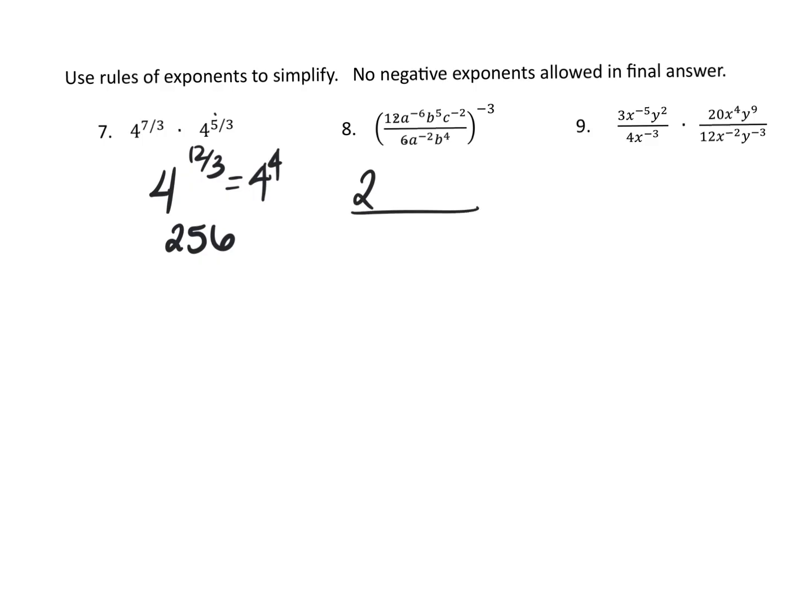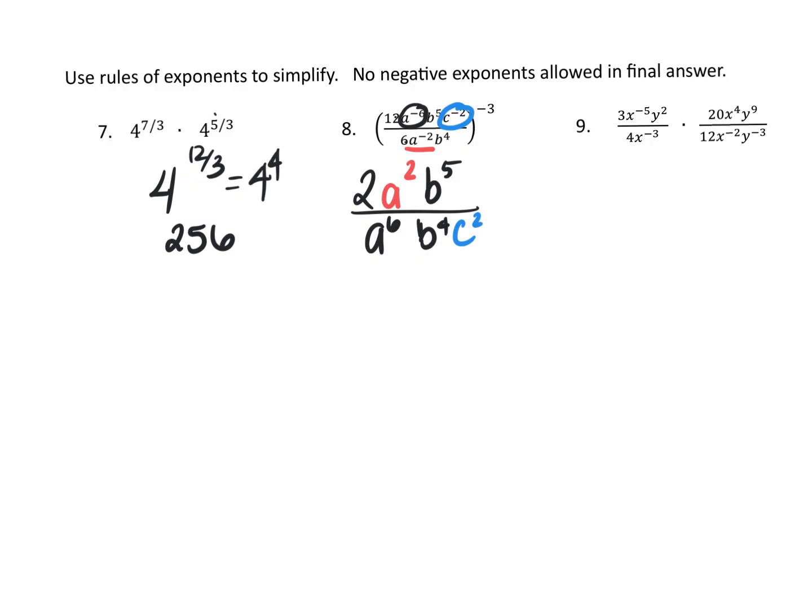So I start with that. I'm going to move this a to the negative 6 to the denominator and make it positive. I'm going to move a to the negative 2 to the top and make it positive. Then my b to the 5th and b to the 4th stay where they are. And I'm going to take this c to the negative 2 and make it positive and put it in the denominator.